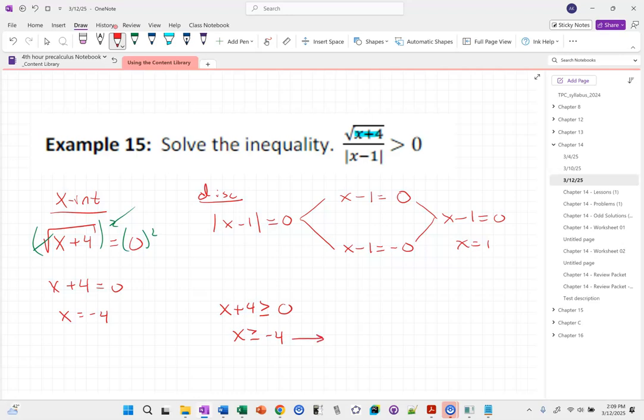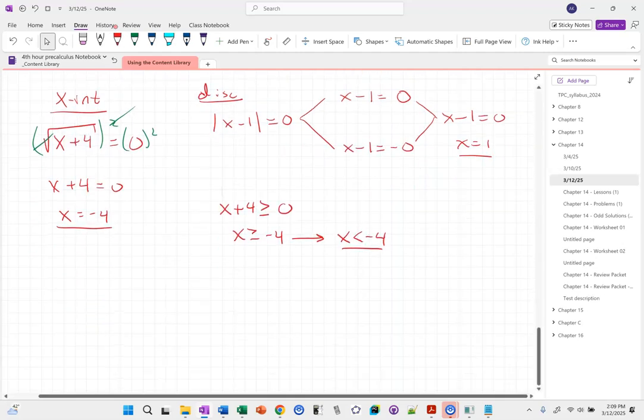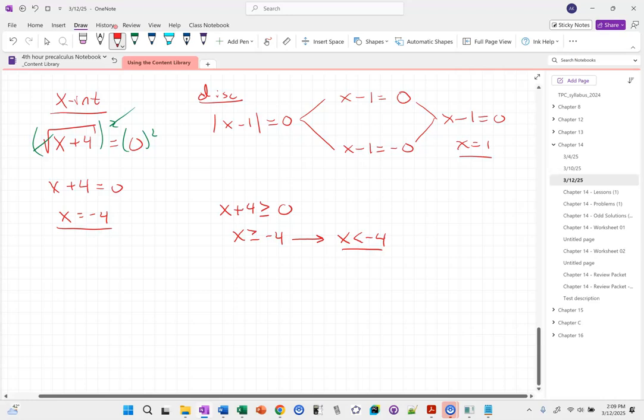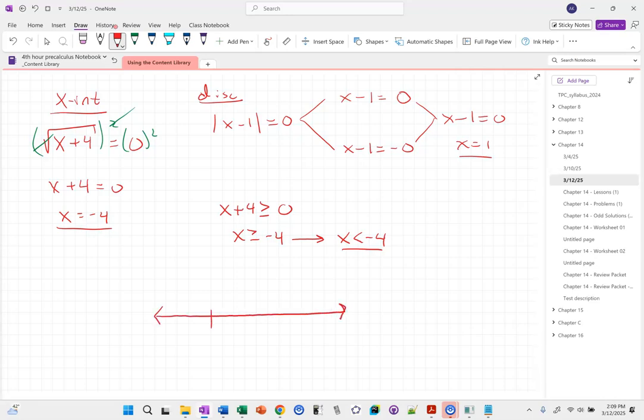Which implies that I have a discontinuity for everything else, i.e. x is less than negative 4. So let's go ahead and draw our number line.